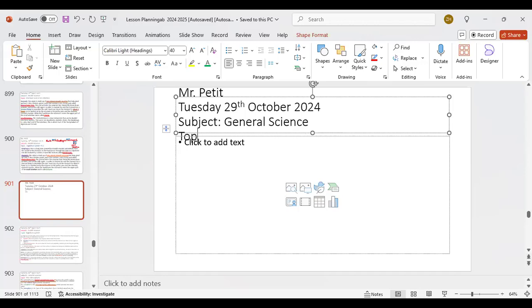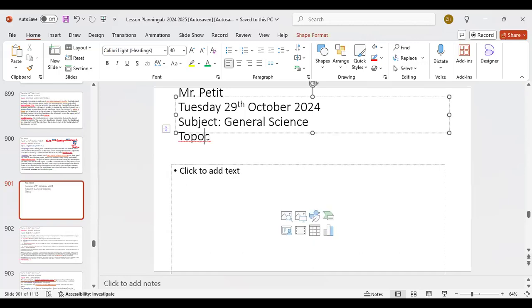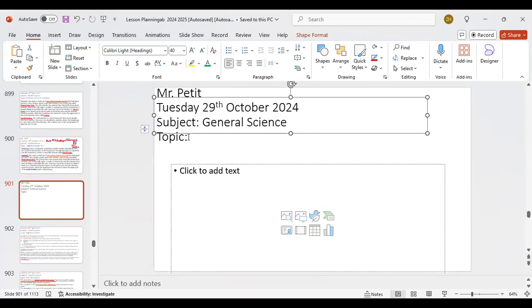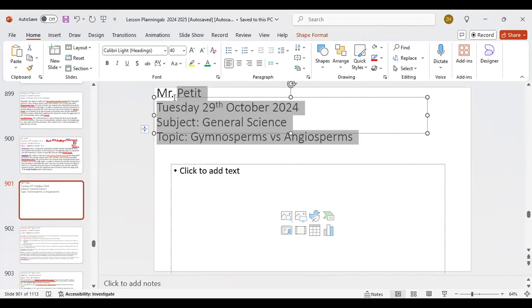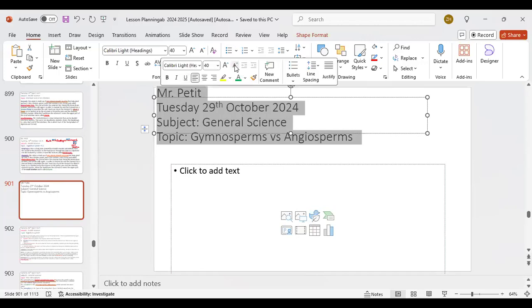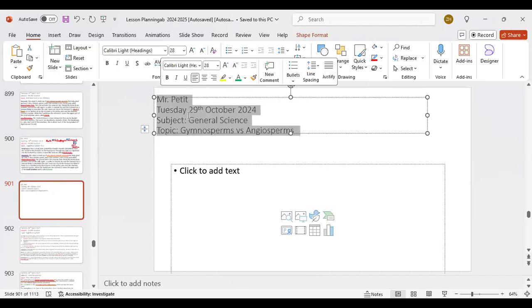The topic is, we are going to be looking at gymnosperms versus angiosperms.